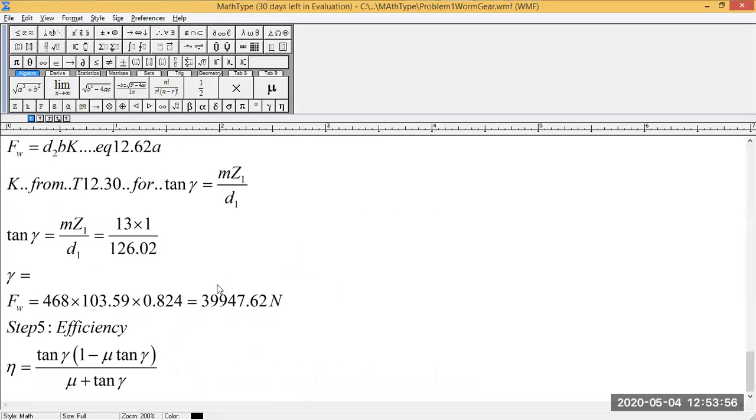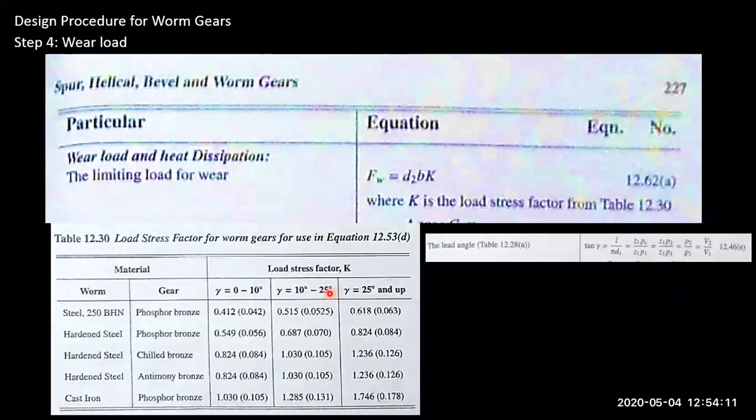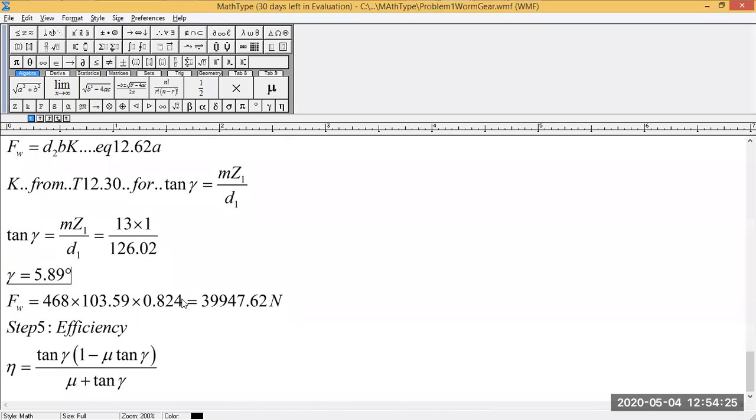Okay, so we have got 5.89 degrees. For 5.89 degrees, we will go back to the table. It will come to this value range here. And for hardened steel, phosphor bronze, the value is 0.549. We'll take this here.